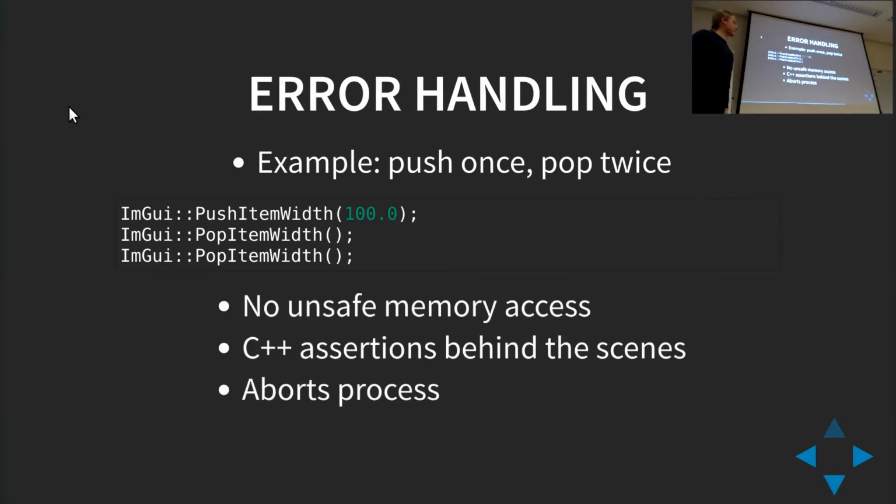It doesn't do any kind of unsafe memory access. You don't get the segmentation fault, but the library uses a lot of C++ assertions. So basically, it just aborts the process, and it crashes, but you don't get any kind of controlled thing, for example, a C++ exception. So if you do this, it just shuts down.